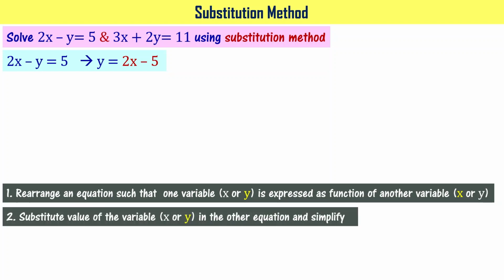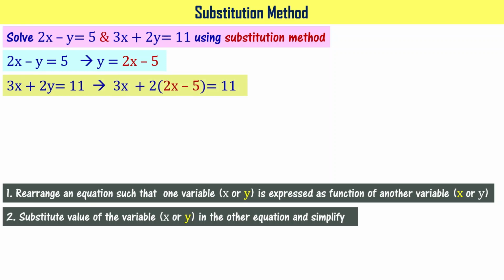The second step of the substitution method is to substitute the value of variable y in the other equation and simplify. The other equation we have is 3x plus 2y equal to 11. So now substitute y equal to 2x minus 5 so that you get 3x plus 2 times 2x minus 5 equal to 11, right?